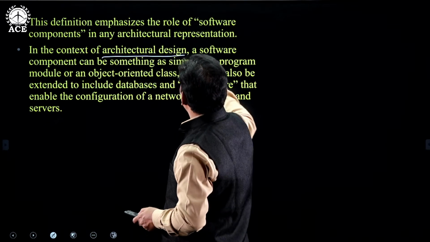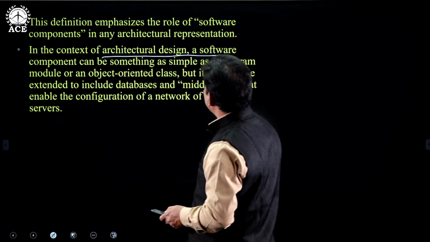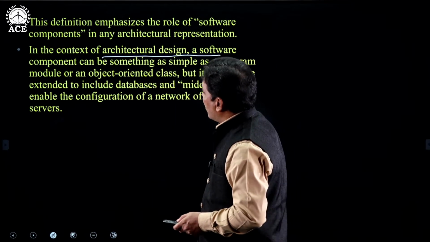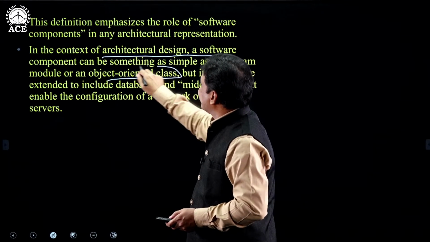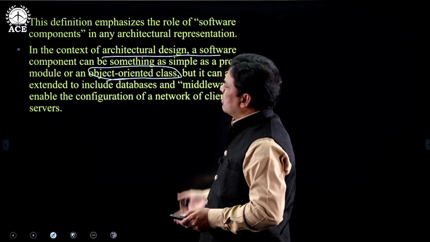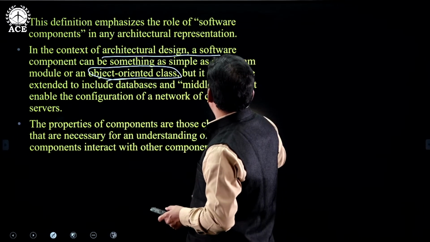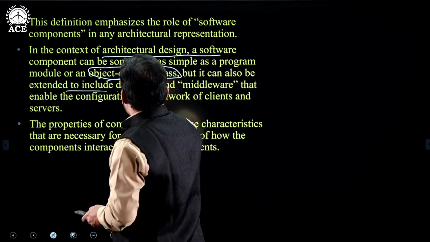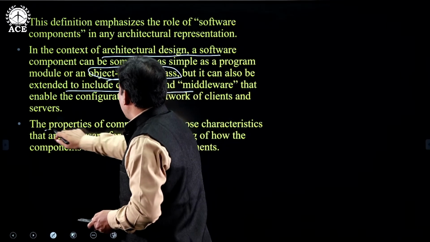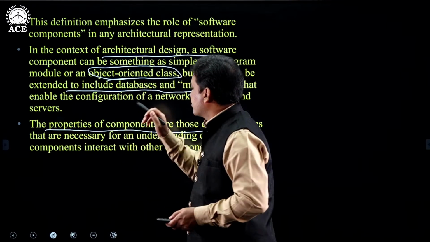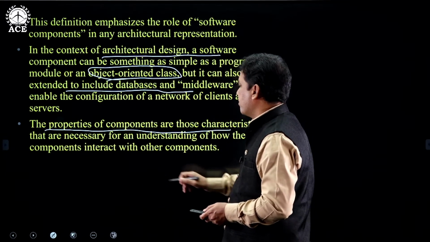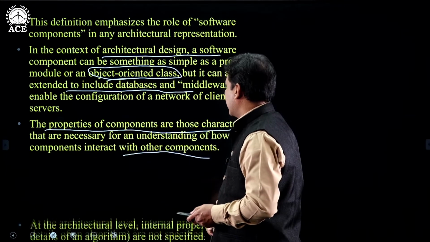In the context of architectural design, a software component can be something as simple as a program module or an object-oriented class. So any architecture is a collection of components and interfaces among components. Now observe here. The properties of components are those characteristics that are necessary for an understanding of how components interact with other components.